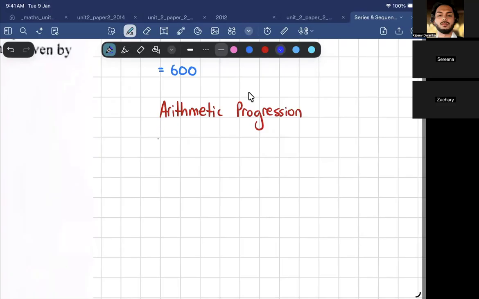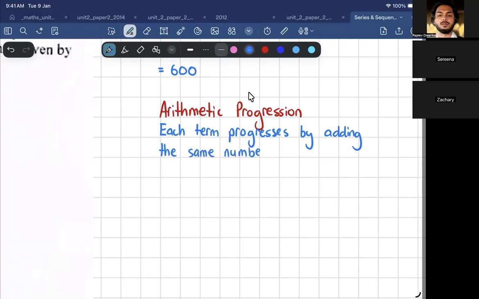Well, each term... so you'll see what I mean by this. And we call this the common difference d.